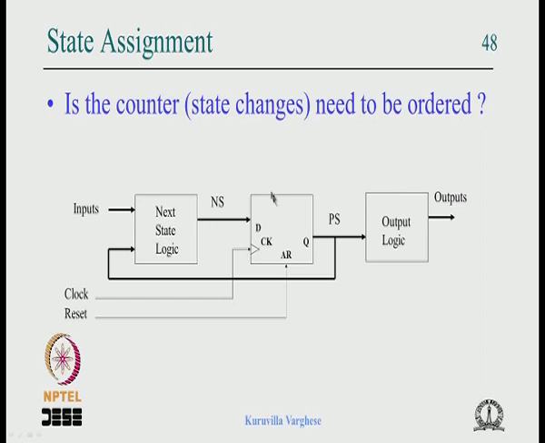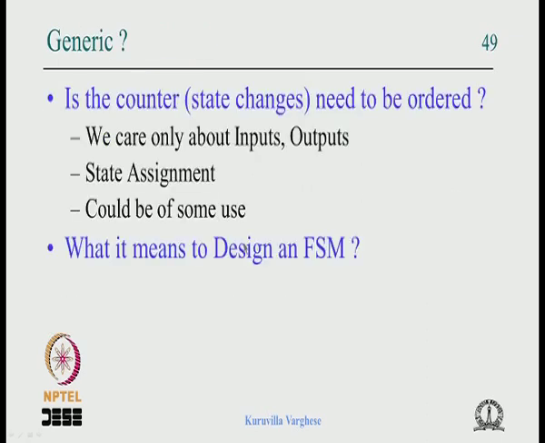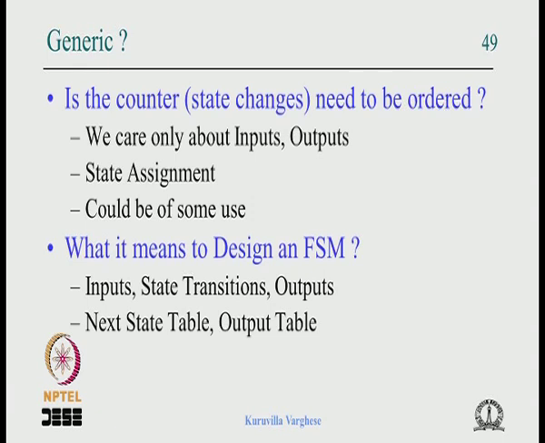So that is the problem of state assignment, and the controller is also called, as I said, a finite state machine, because it transits through a finite number of states for the whole operation. So it is called finite state machine or FSM, okay. That needs to be understood. And ultimately, the counter need not be ordered in its states.